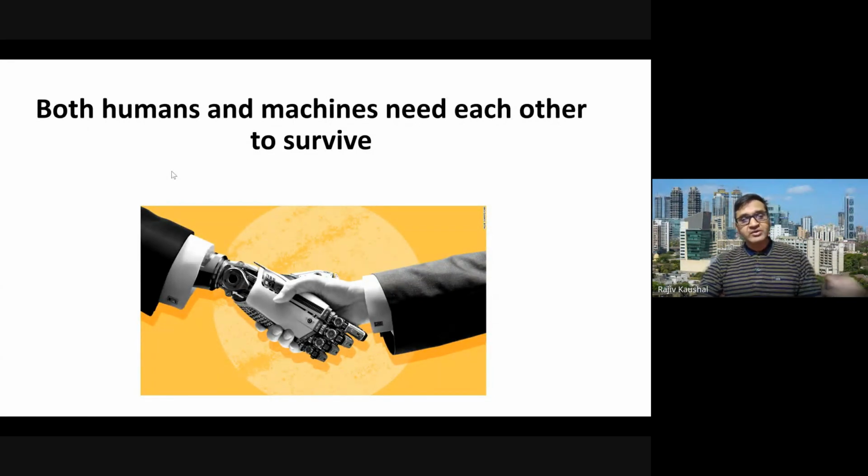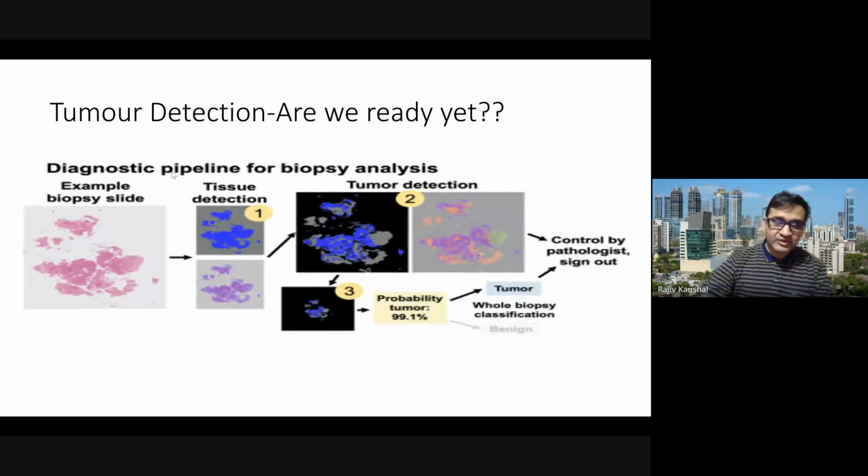And now let me discuss some of the clinical applications of these AI based models or computational pathology tools. The first and most common: whenever a slide comes to us for diagnosis in a clinical suspicion of oncology, the first question that arises is whether there is a tumor or not.